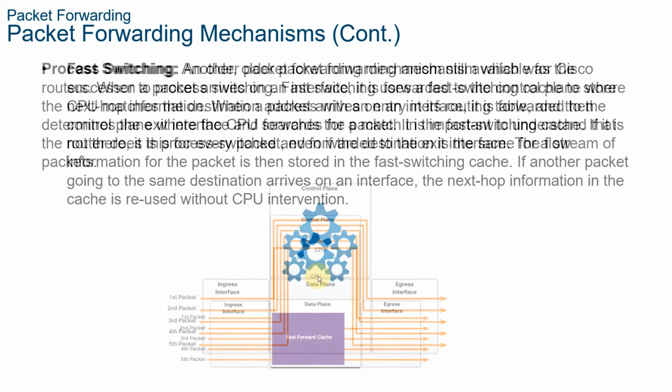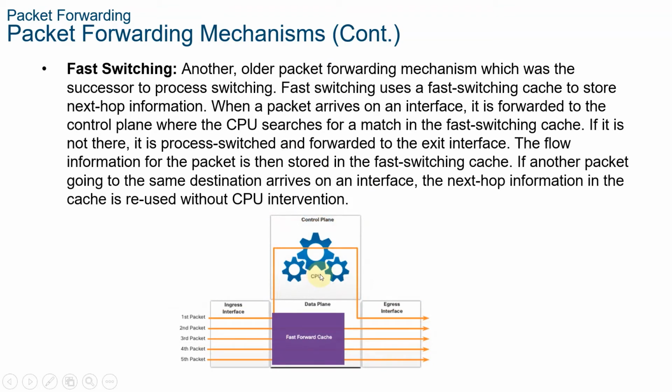Now, let's talk about fast switching. Fast switching is another older packet forwarding mechanism which was a successor of process switching. Fast switching uses a fast switching cache to store next hop information.